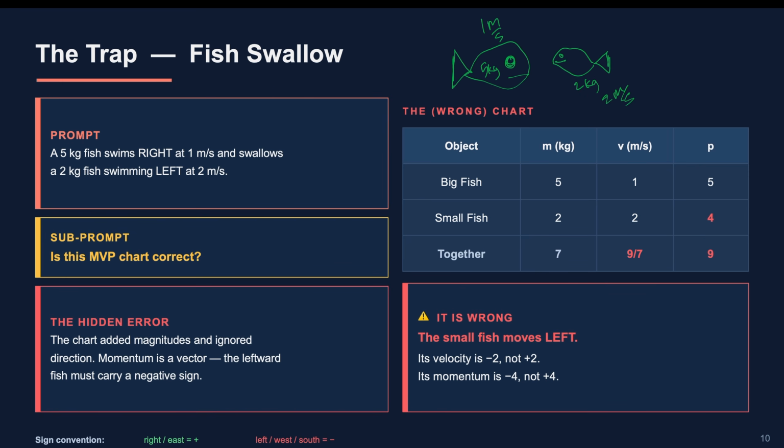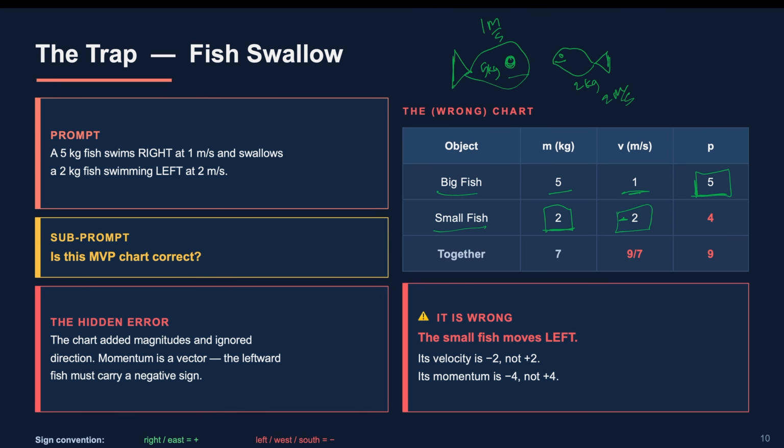The big fish has a mass of 5, a velocity of 1, and a P of 5, which is momentum. 5 times 1, 5 Newton seconds. Small fish, 2 kilograms of mass, 2 meters per second velocity, but this is going in which direction? The opposite direction, right?